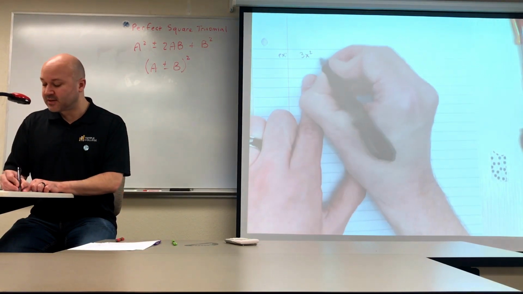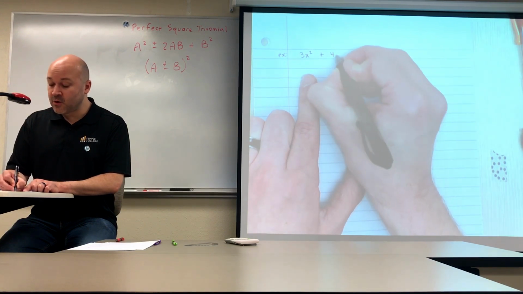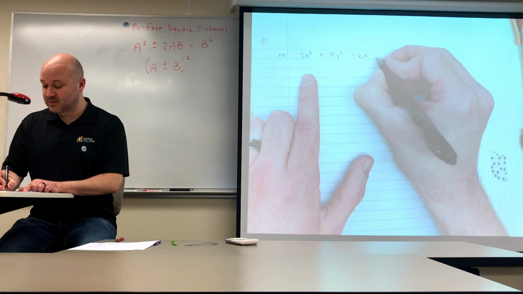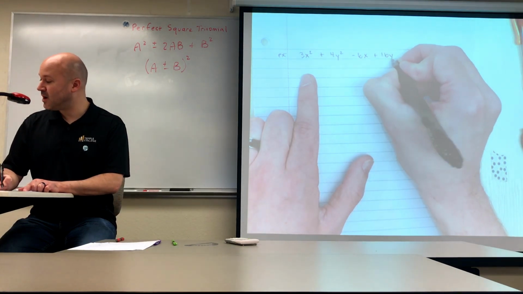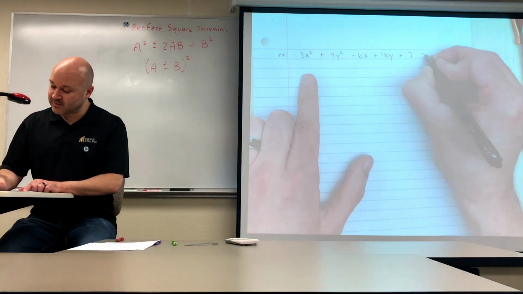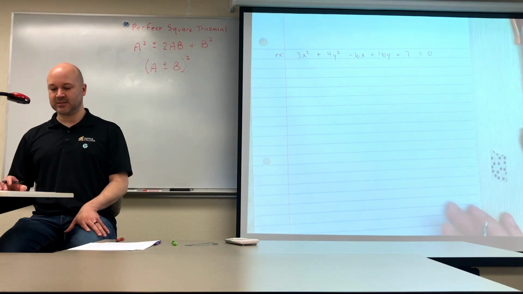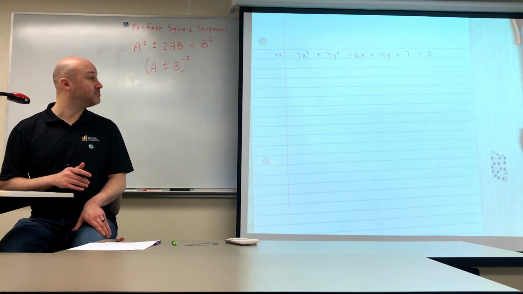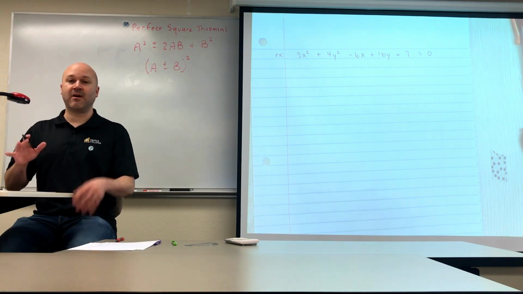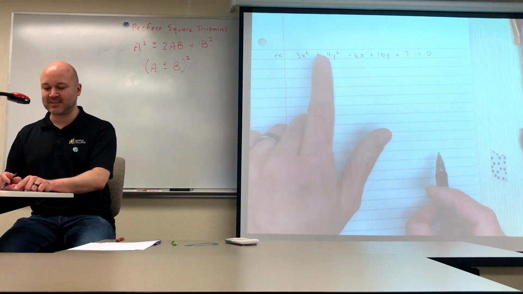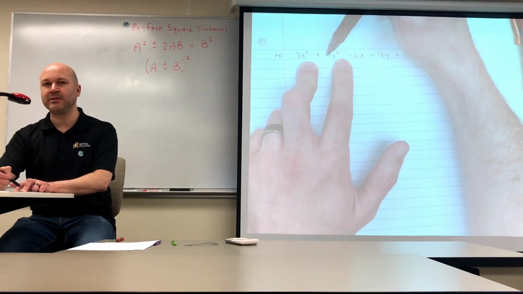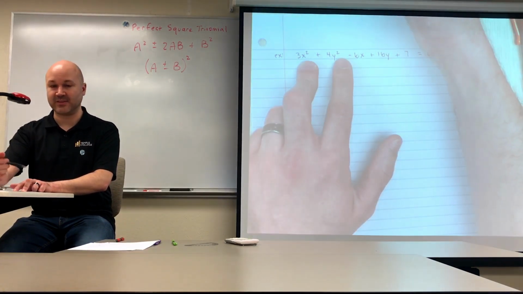So I have 3x squared plus 4y squared minus 6x plus 16y plus 7 equals 0. Oh, goodness. Okay, this has 2 good new things in it. First of all, I've got multiple variables running around. I've got x's and y's, and they're both quadratic, so I believe I'm going to want to complete the square for both variables, for the x's and the y's.